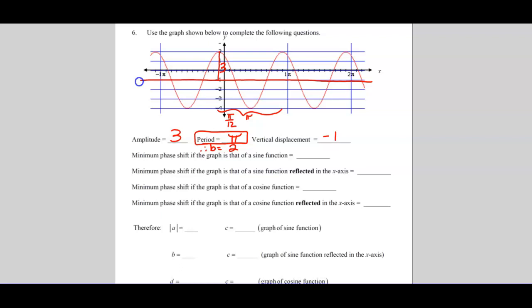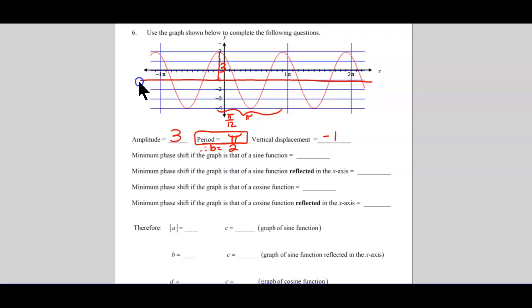Okay. So we don't have our base graphs on there for you. It says, what's the minimum phase shift if the graph is that of a sine function? So let's pretend that we've done the vertical stretch. Actually, we don't even need to for sine, but we've done that translation.